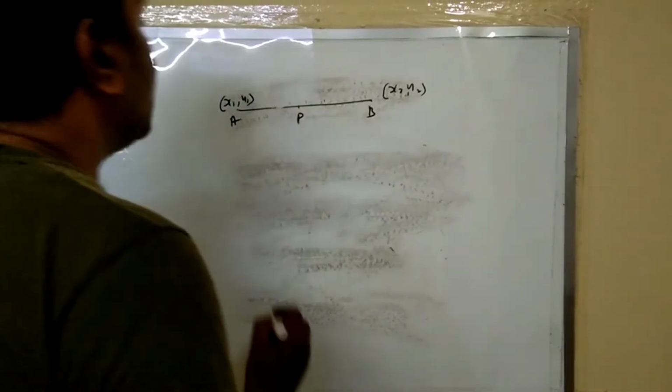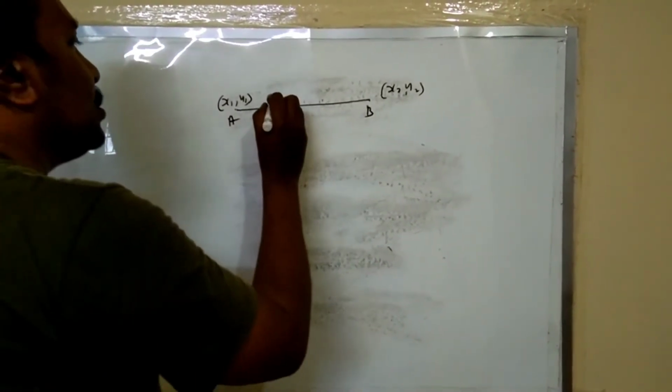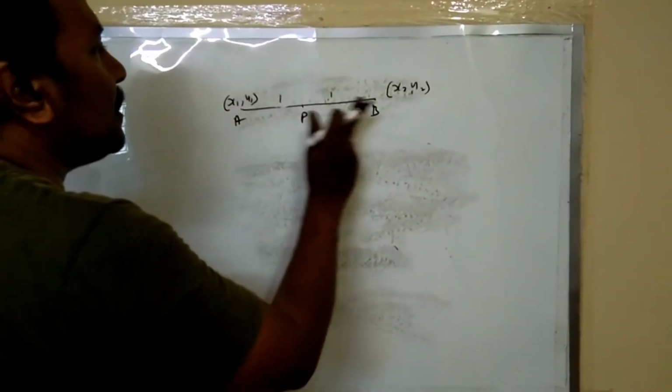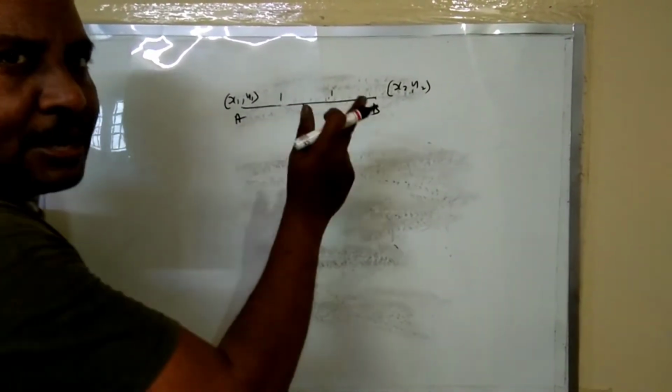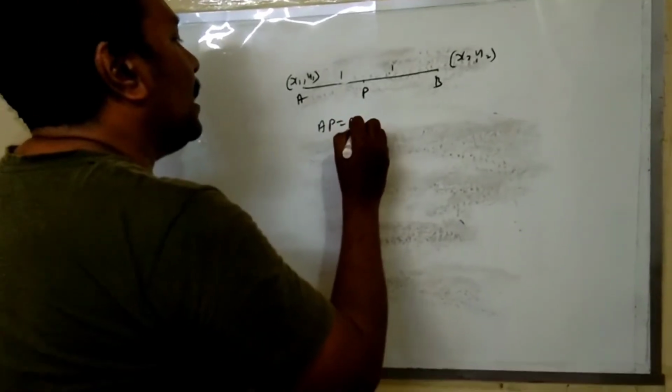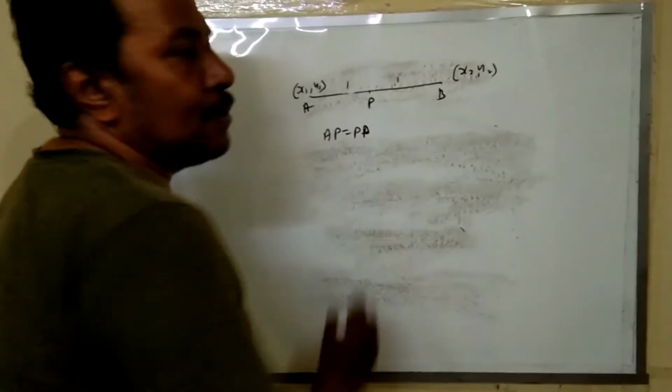So P divides AB in the ratio 1:1, 5 centimeters and 5 centimeters. Both are equal: AP is equal to PB.